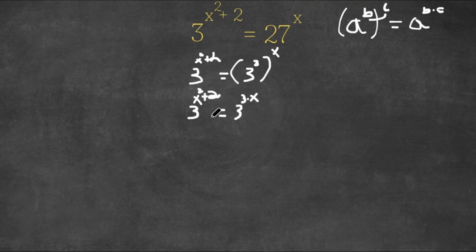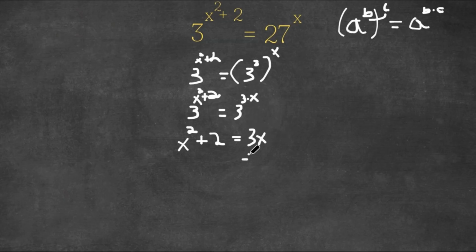Now remember, if you have the same bases, we can simply ignore the bases and make the two exponents equal to each other, because if the two bases are the same, then so are the exponents, right? Or else this equation wouldn't be true. So now we have our equation x squared plus 2 is equal to 3 times x, which is 3x.